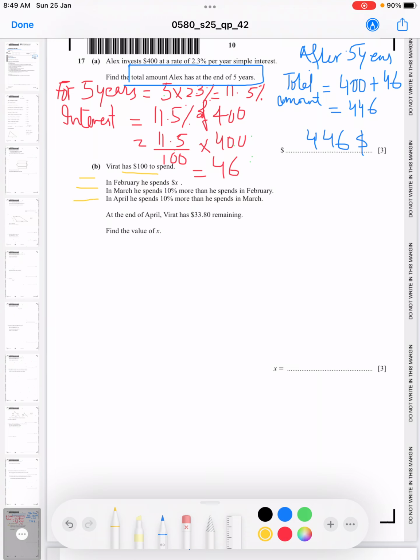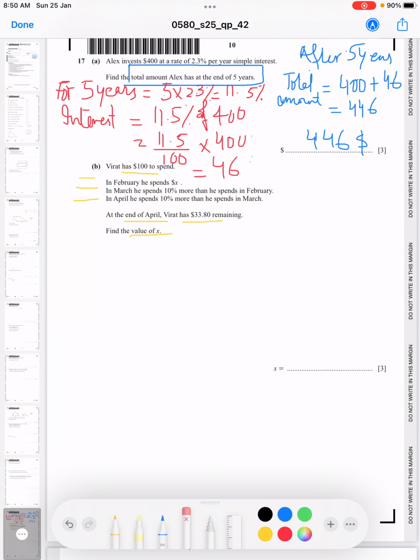At the end of April, Virat has $33.80 remaining. Starting is 100, and at the end of April he has 33.8. Find the value of x. One by one we will solve it and then discuss it.